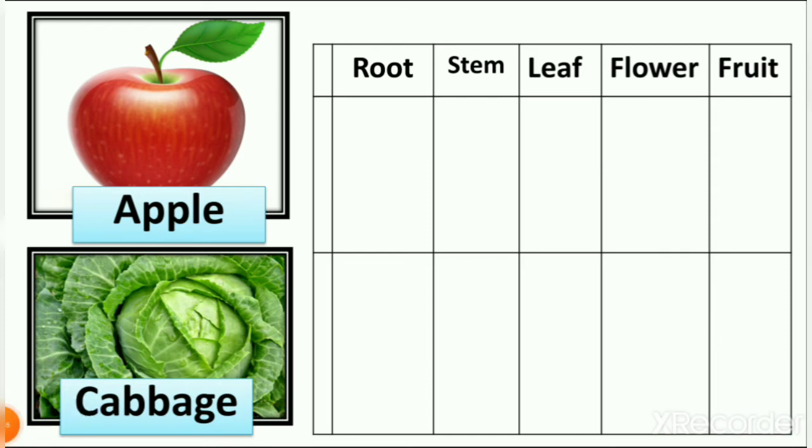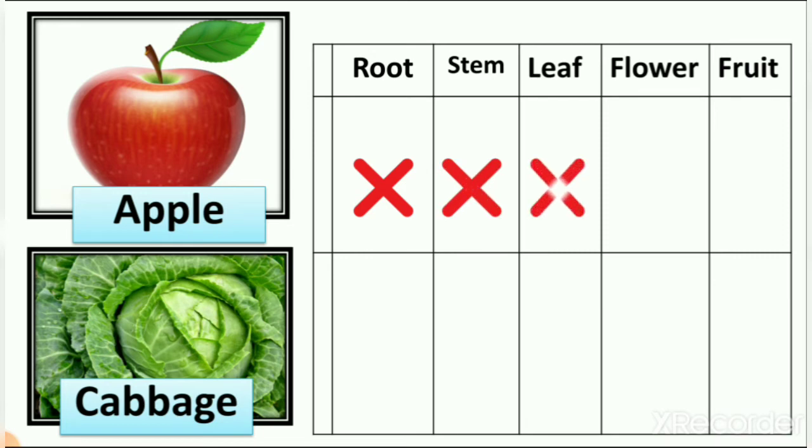So where do we tick mark? We tick mark in fruit. So let's start with roots. So in the roots box what do we do? We put a cross here, then stem, we cross it, then leaf, we cross it, then flower and fruit.